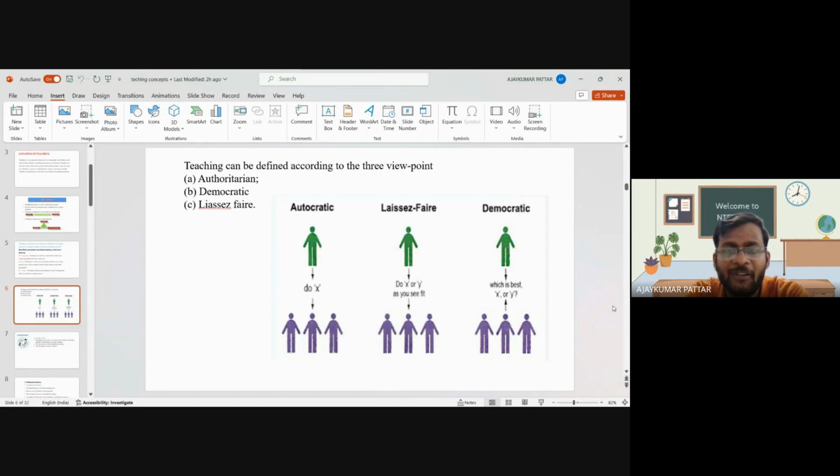In laissez-faire teaching, what happens? The teacher tells do X or Y as you see fit. The teacher says you can do X or Y, whatever you like. For example, for solving any mathematical problem, if there are two methods, you can do this method or that method.